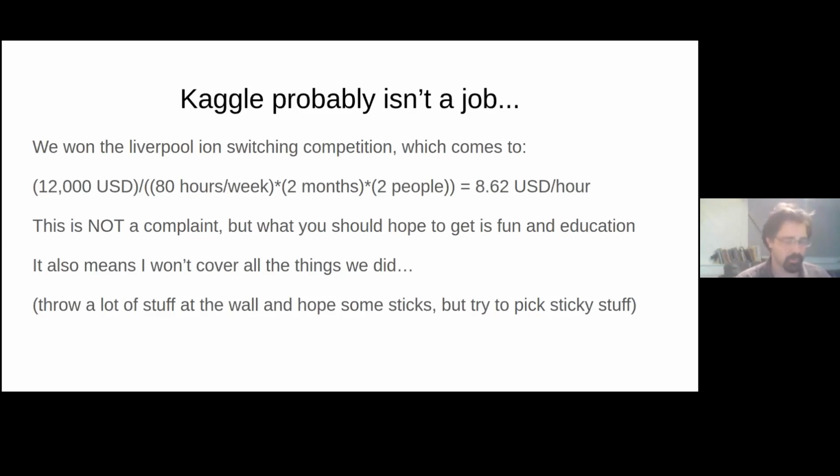I had done a couple before then. Actually, a lot of the stuff we did in this one worked, so I was wrong about that. But a good competition is one where you can test a lot of different things quickly. If you have to wait a week to get the results of something that's probably not going to work, then that's not a lot of fun on any level.